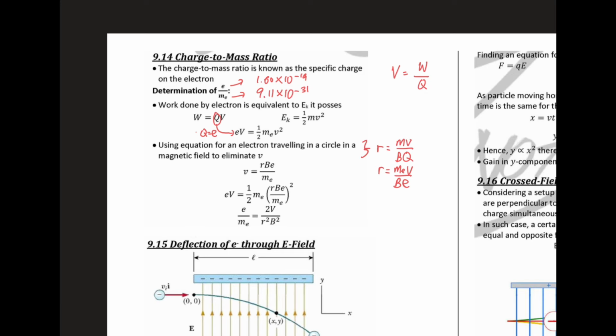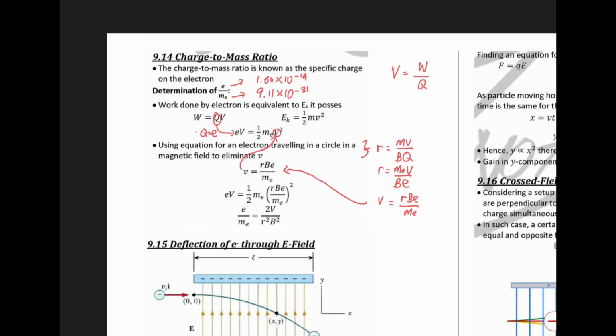Now you rearrange it, and you will get v equal to, let's say I want to find v in terms of the others, rBe over me. Then we get this equation, and we substitute it into here.